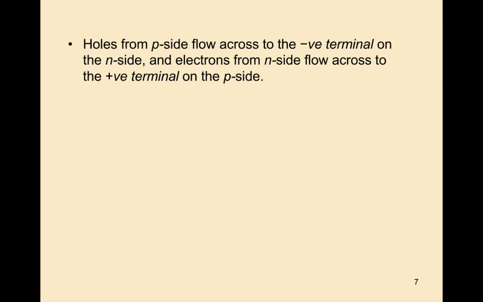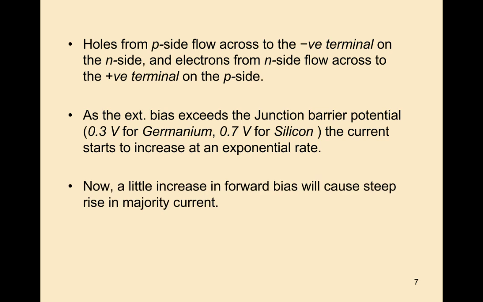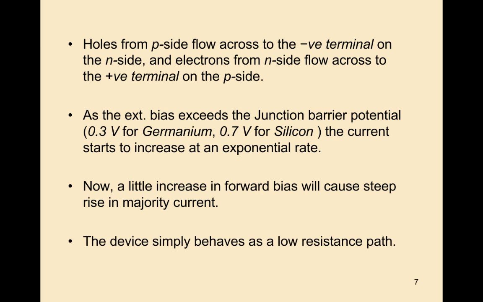Holes from the P side flow across to the negative terminal on the N side, and electrons from the N side flow across to the positive terminal on the P side. As the external bias exceeds the junction barrier potential, the current starts to increase at an exponential rate. Now a little increase in forward bias will cause a steep rise in majority current. The device simply behaves as a low resistance path.